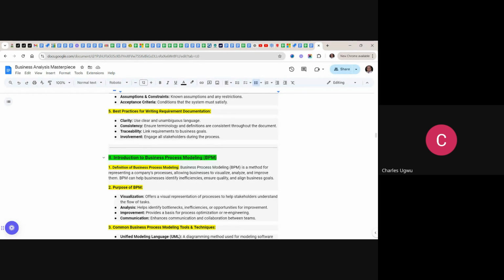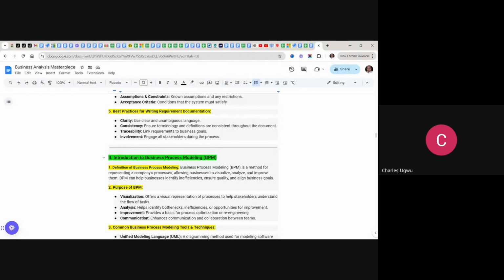A business process model is a method for representing a company or organization's processes, allowing businesses to visualize, analyze, and improve their processes. It can help businesses identify inefficiencies and areas of improvement, ensure quality, and align business goals.